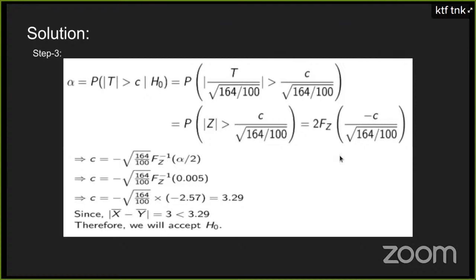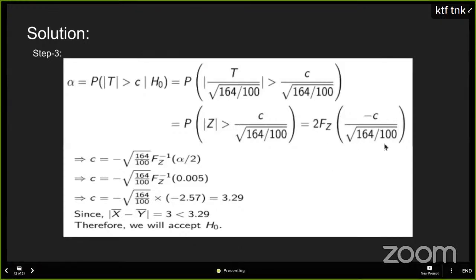We are checking for that. So mod of Z is greater than c divided by root of 164 by 100, and that is 2 Fz of minus c by root of 164 by 100, because it's mod of Z and it's greater than, because of the greater than sign.